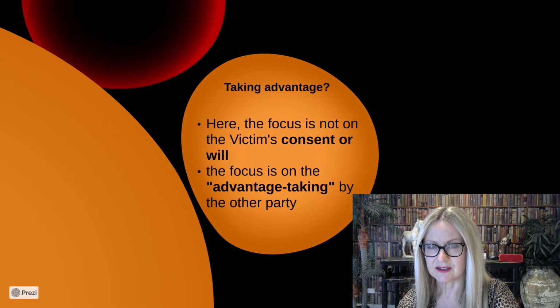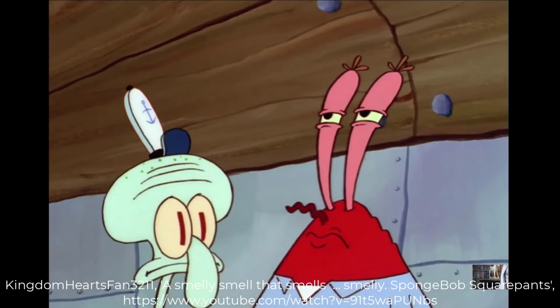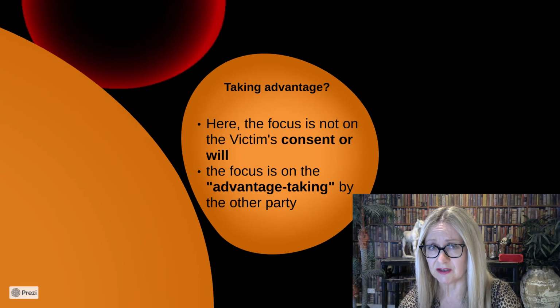So the court takes a slightly different approach here, and the focus, instead of being on the quality of the victim's consent, the quality of the consensus ad idem, I guess, if you will, the court looks at what exactly the dominant party did, and was it unconscientious? Did it pass what I call the smell test, or not? Do you smell it? Was there some kind of impropriety in the works there? If there was, then it may well be labelled advantage taking and therefore unconscionable conduct.